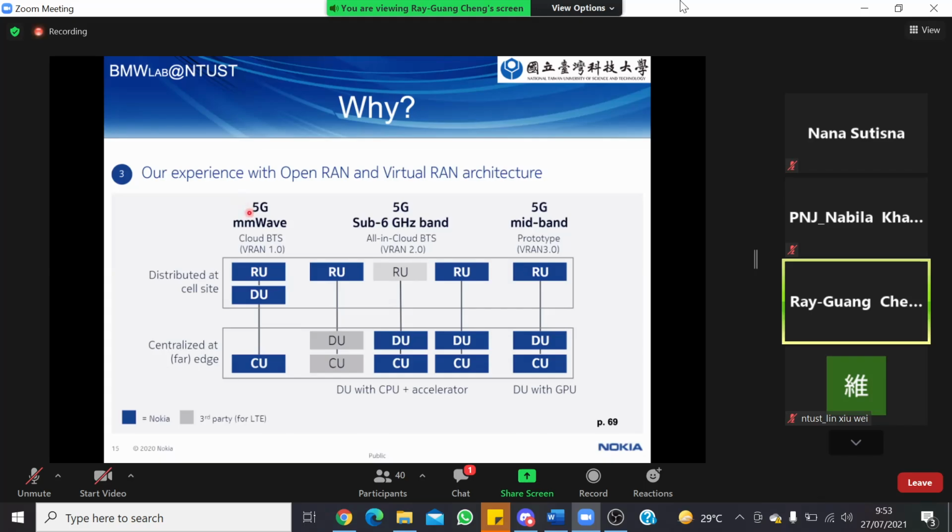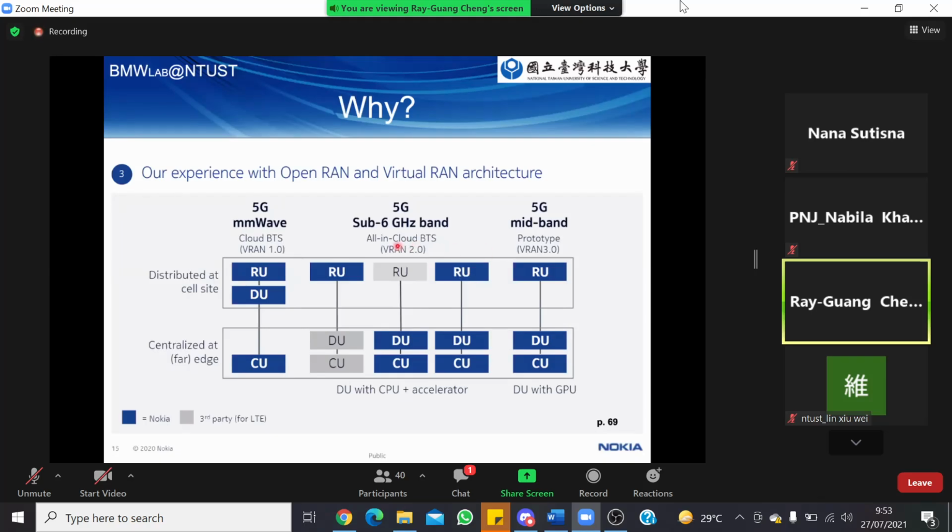For millimeter wave, the bandwidth is much higher. So they suggest the first version for the vRAN, the Cloud RAN. They try to do a CU and DU split. So this is the proposal for 3GPP.